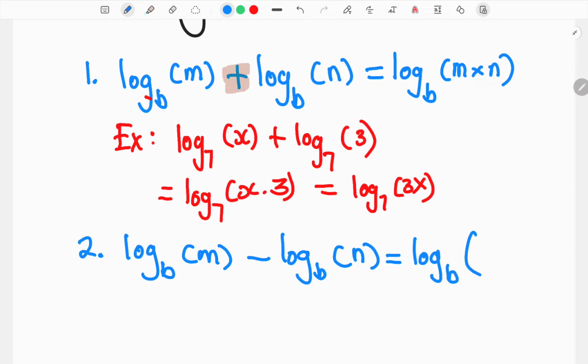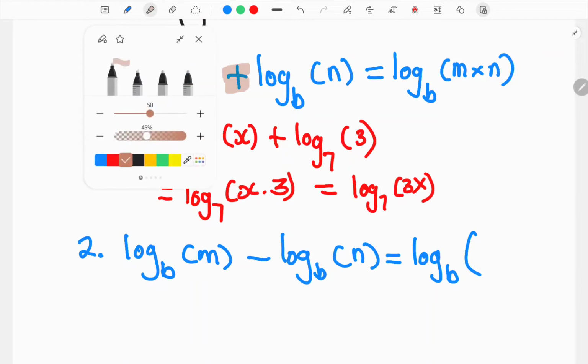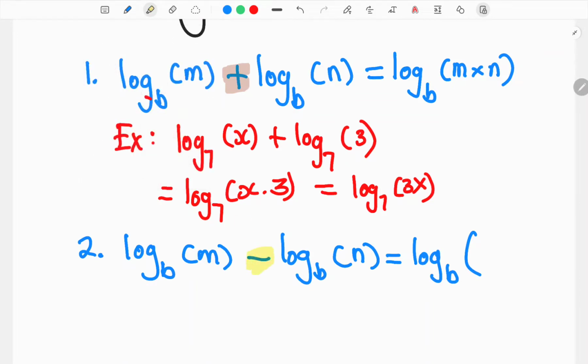You divide them. You divide the first one, m, by n. So that's how we do it when we have something like this.